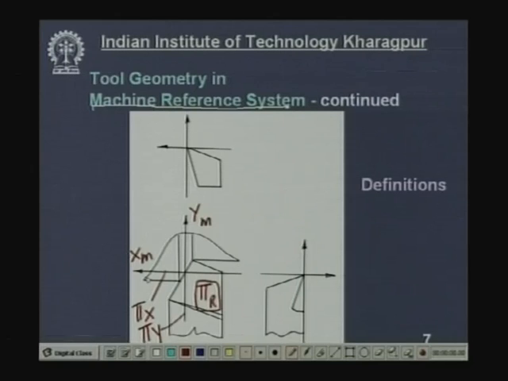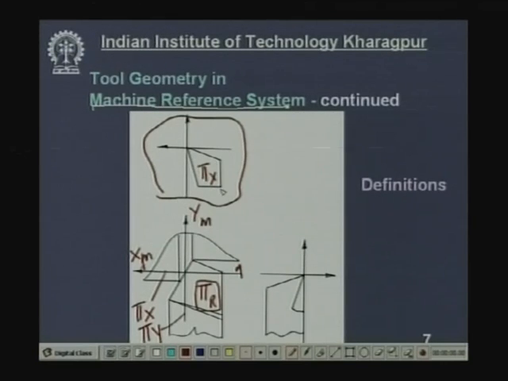Now, if you cut the cutting tool by the pi x plane vertically, remove this portion, and look at the remaining tool, this is the view. In what plane has this view been drawn? In the pi x plane, because the tool has been cut by the pi x plane.